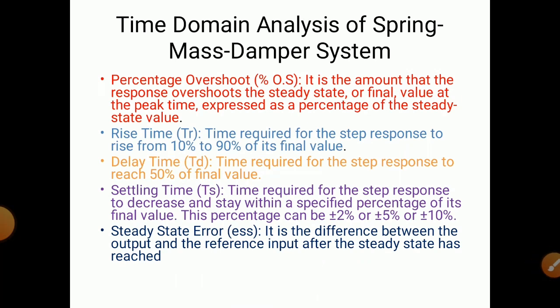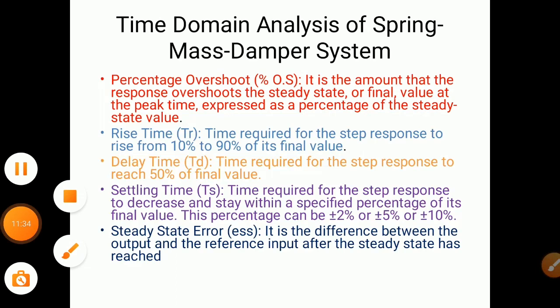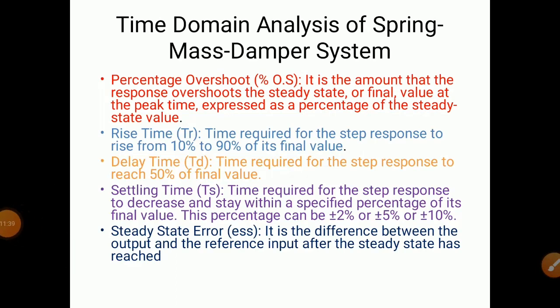So now, time domain analysis of the spring mass damper system. We have to perform time domain analysis also. There are 4 to 5 definitions that are important. First is percentage overshoot. The definition is the amount that the response overshoots the steady state or final value at the peak time, expressed as a percentage of the steady state value.